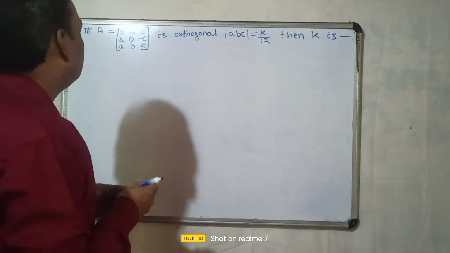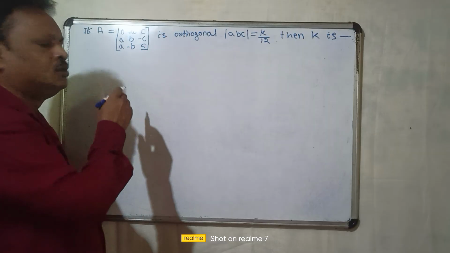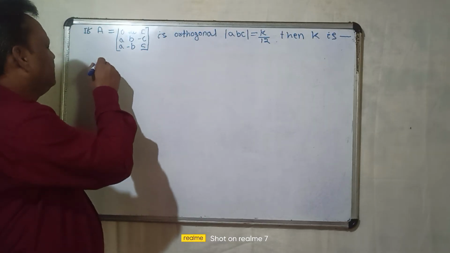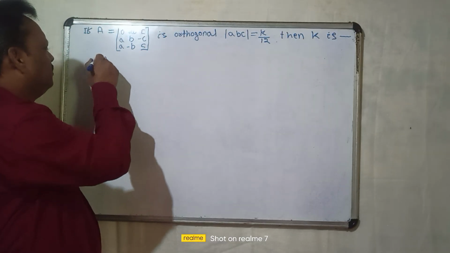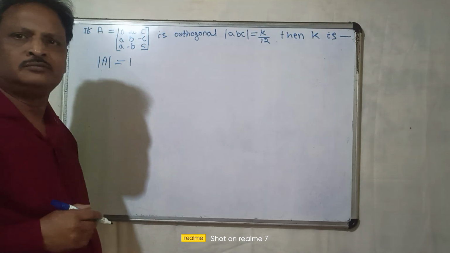First, it is an orthogonal matrix. For an orthogonal matrix, the determinant of A is 1.